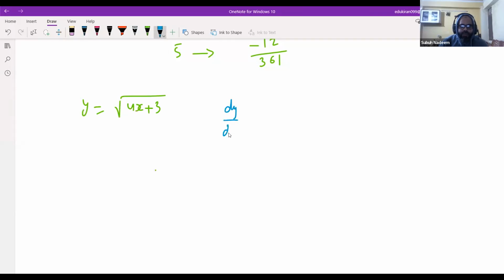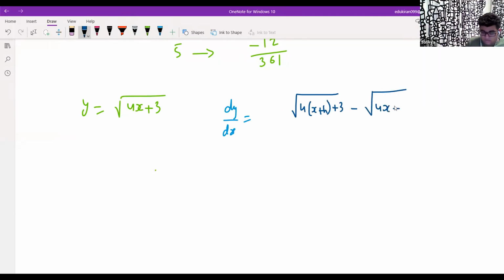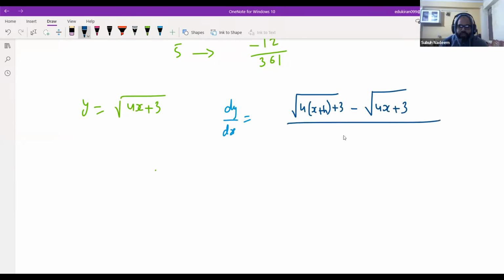So dy by dx is equal to the limit of root over 4(x plus h) plus 3 minus root over 4x plus 3, by h, as h approaches 0, right?